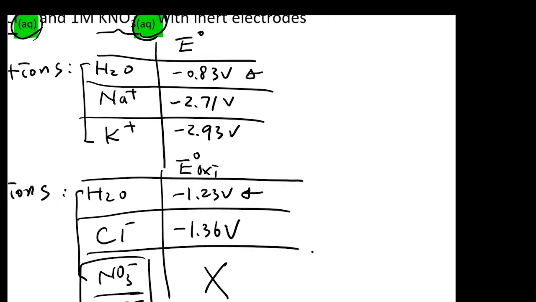Okay, so right now you've got things sorted out. You want to pick the one with the less negative value, and that species will undergo reduction. In this case, it will be your water. And when the water gets reduced, hydrogen gas will be the product. So you're going to see hydrogen gas forming at the cathode.